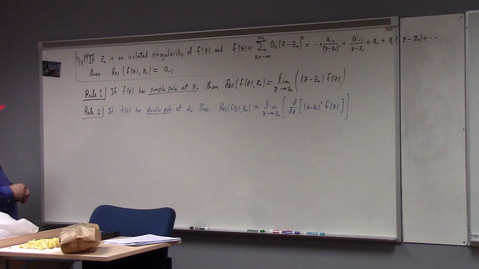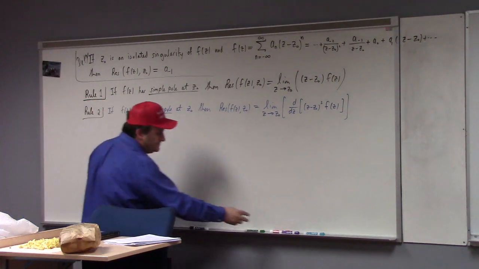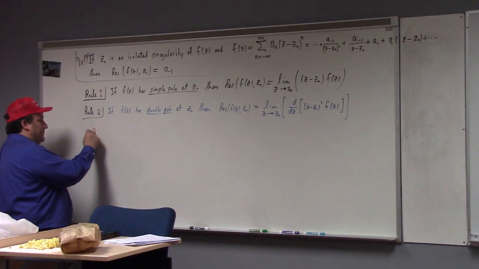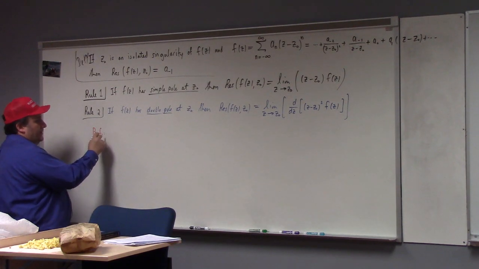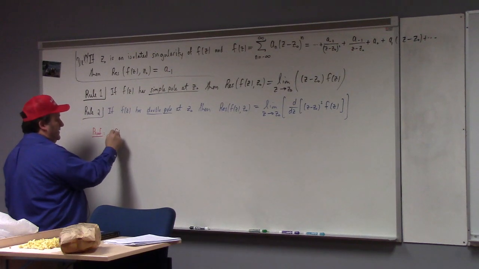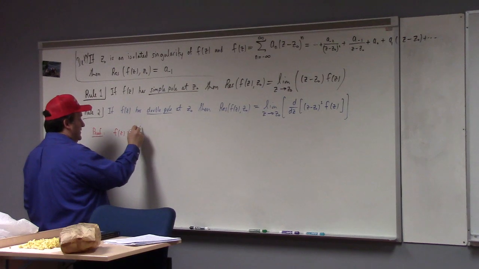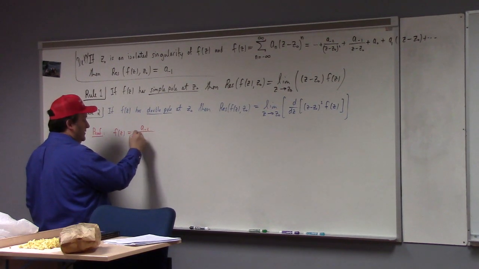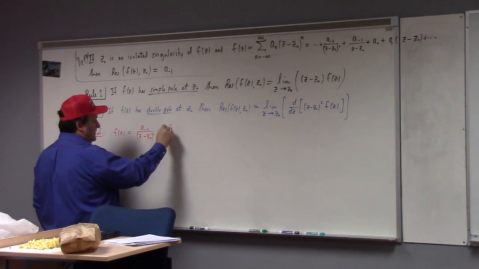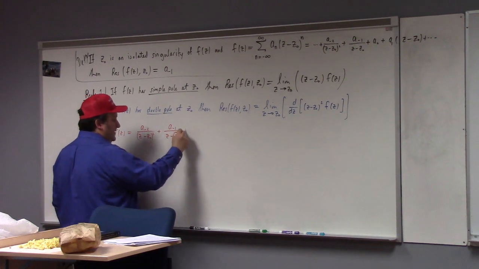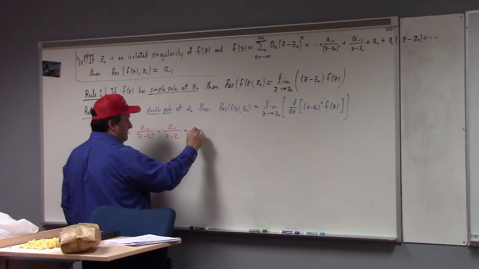So how would we prove this rule number 2? So we have f of z is equal to, let's see here, a sub minus 2 over z minus z naught squared, right? Plus a sub minus 1 over z minus z naught. And then plus higher order stuff, right?